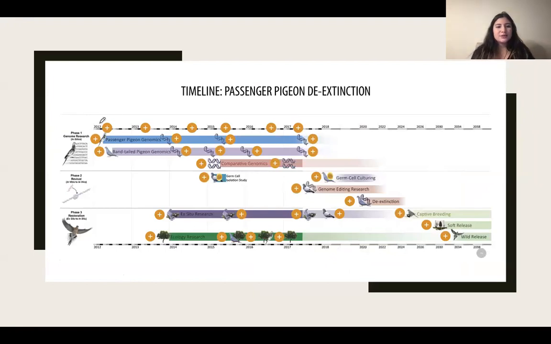In 2012, as we see here, phase 1 started, and then we have the passenger pigeon genomics and the band-tailed pigeon genomics, and then they start comparing those two to see what traits we can bring out from the band-tailed that are shared with the passenger pigeon, to start putting that whole genome together. And now we have the genome editing research here, and then hopefully we have the de-extinction by the end of 2024.